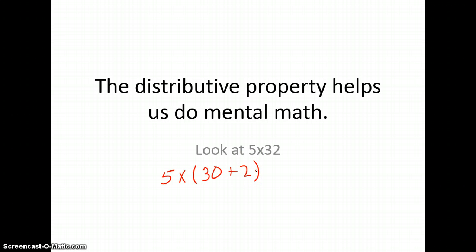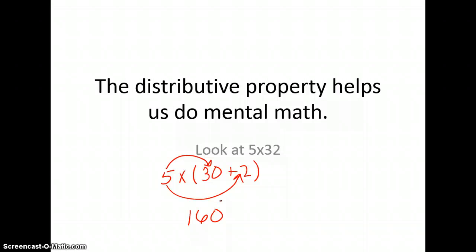So in my head, I'm thinking 5 times 30 is 150, and 5 times 2 is 10. In my head, I can do 150 plus 10 to get 160, much quicker than if I tried to think 5 times 2 is 10, carry the 1, 5 times 3, in my head, and tried to multiply it.